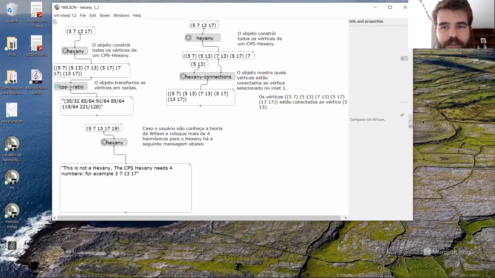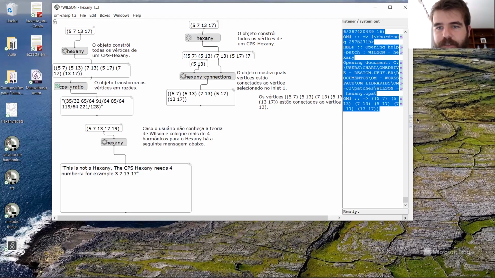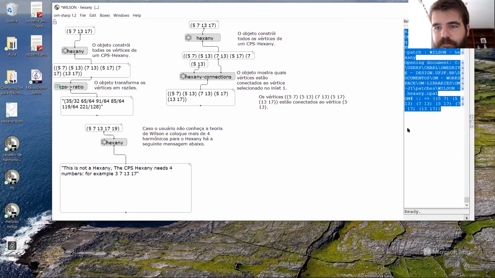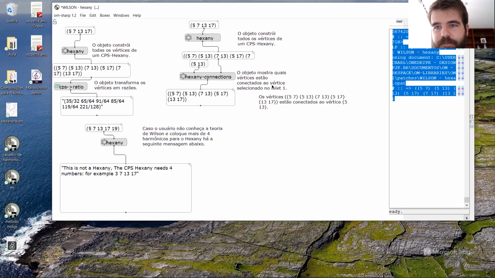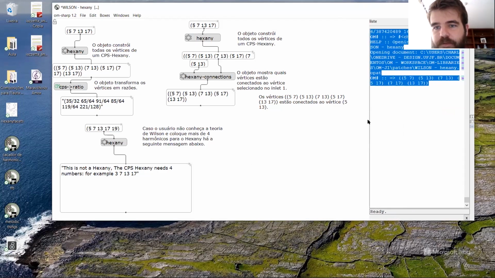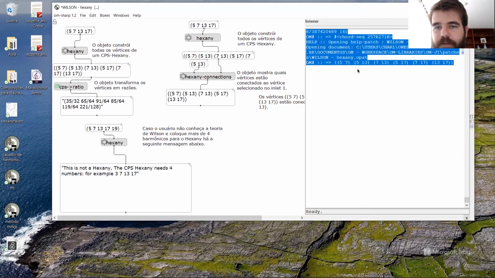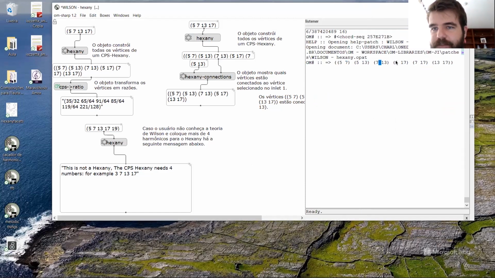First, he will construct the vertices. Here I have the vertices of the eikosany theory, and here I have the connections.